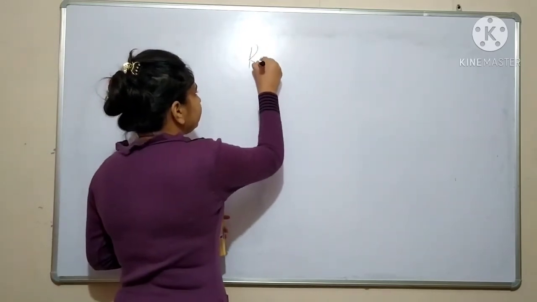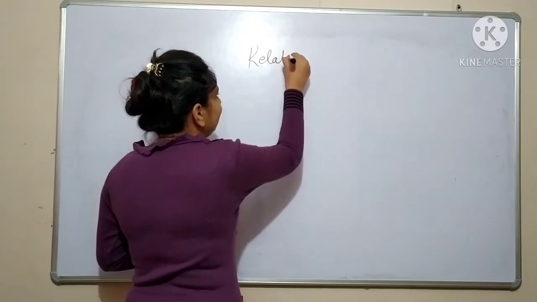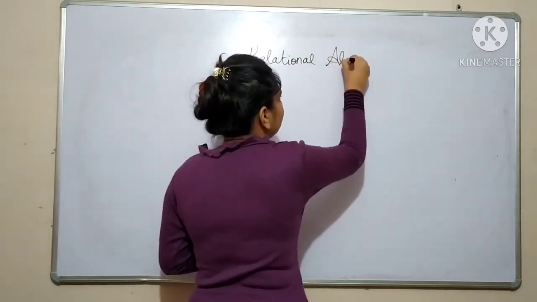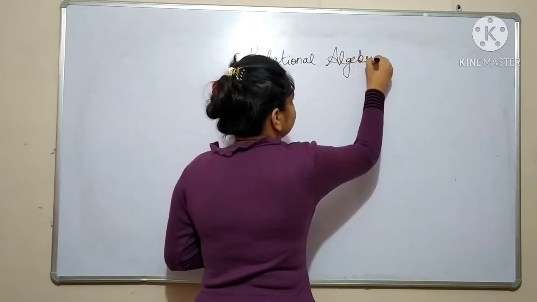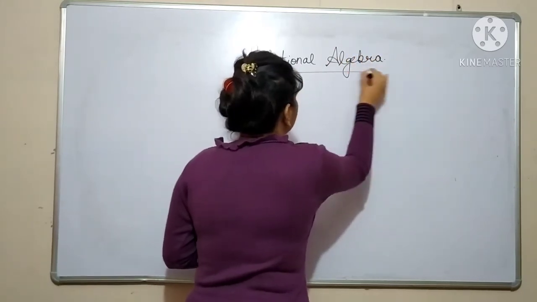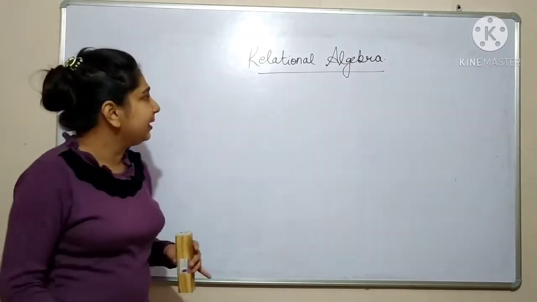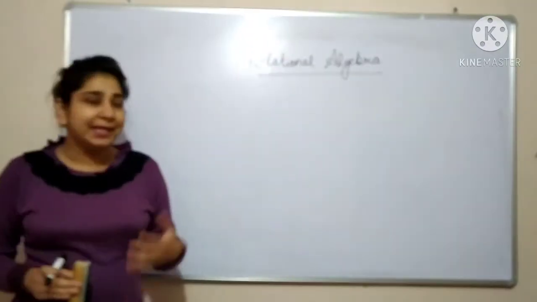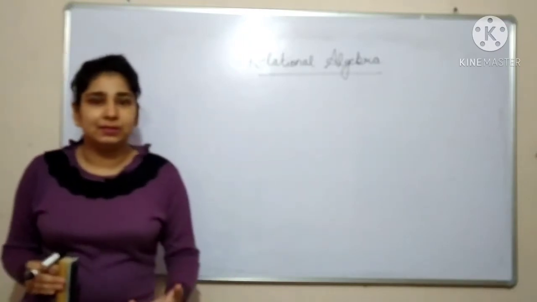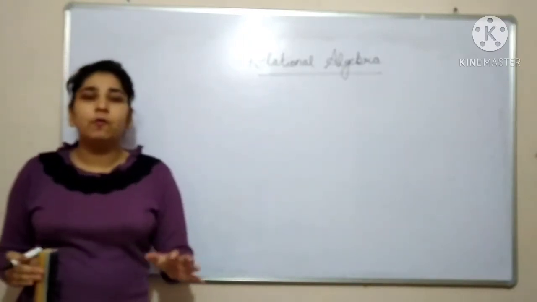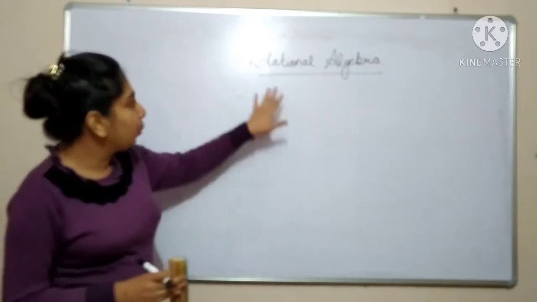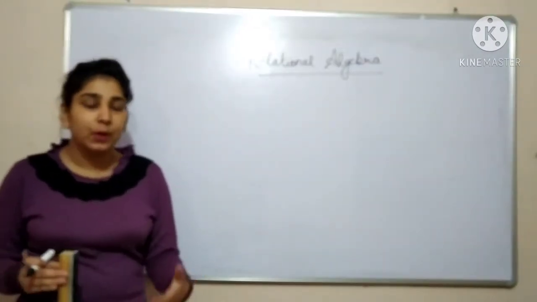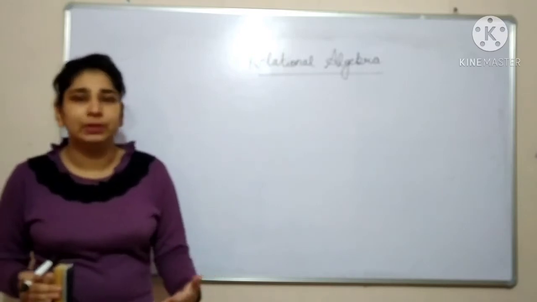In today's lecture we are going to start with relational algebra. What is the meaning of relational algebra? Relational algebra means what kind of operations we can perform on our relations or on our tables.